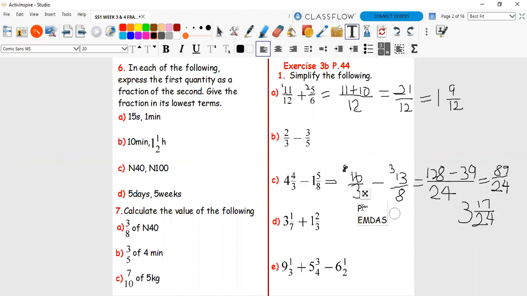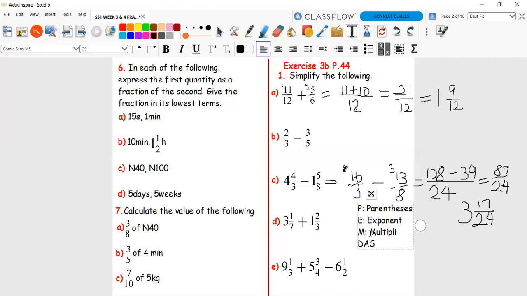So my P means parenthesis. That is more or less like bracket. Then E for exponents. E is for exponent. Exponent like power, raised to power something. Then you have M. I know what you are used to is board mass, but this is the latest one. Multiplication.